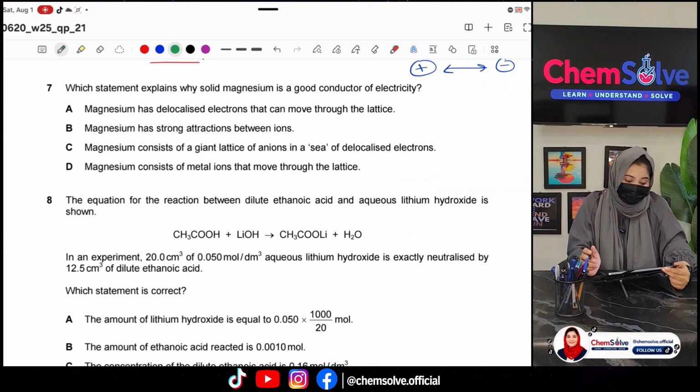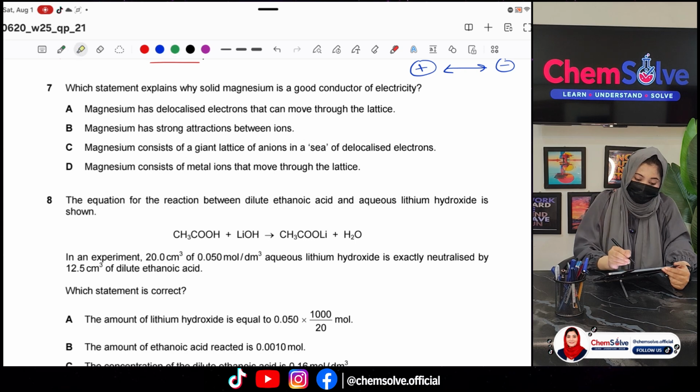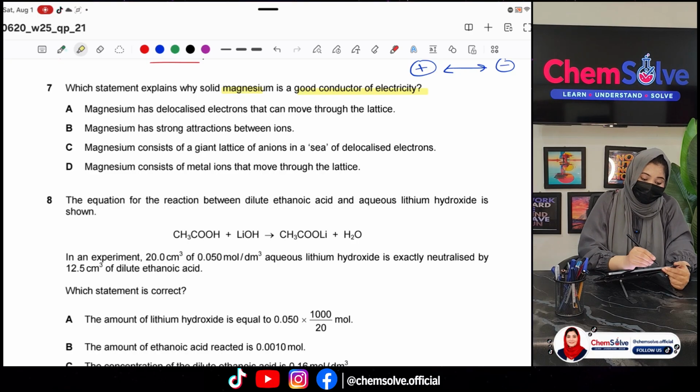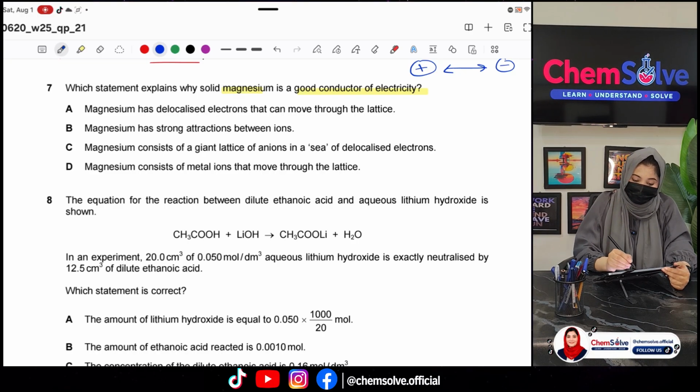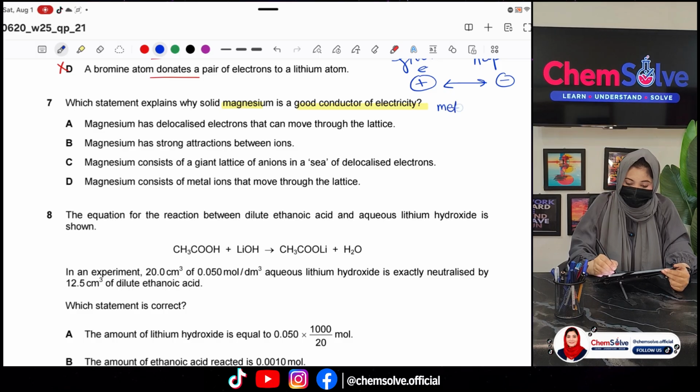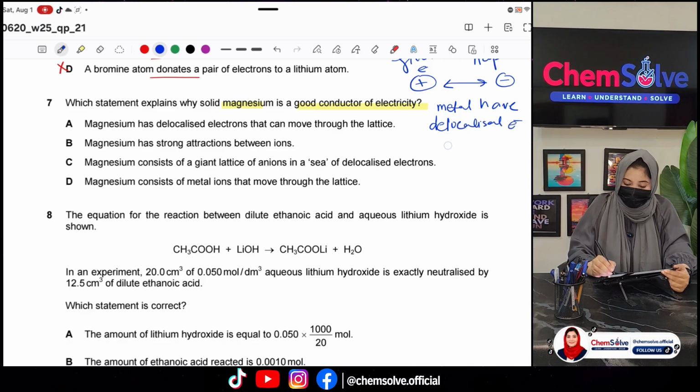Question number 7. Which statement explains why solid magnesium is a good conductor of electricity? You know, magnesium is a metal, and metals have delocalized electrons like this.